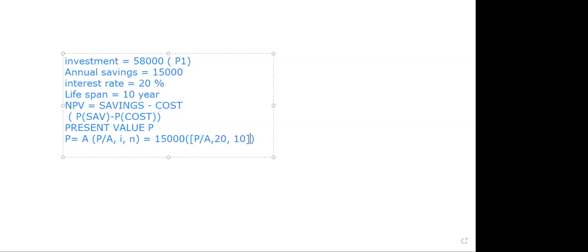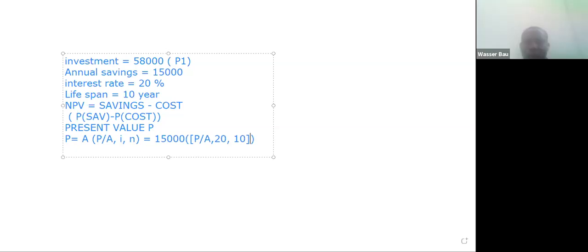Now I'll go back to my whiteboard. The present value is now 15,000 multiplied by 4.192. And that will give us what? Somebody calculator.